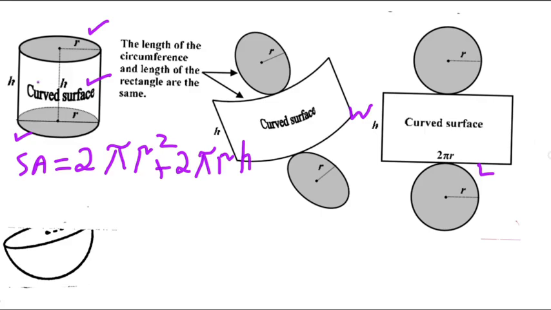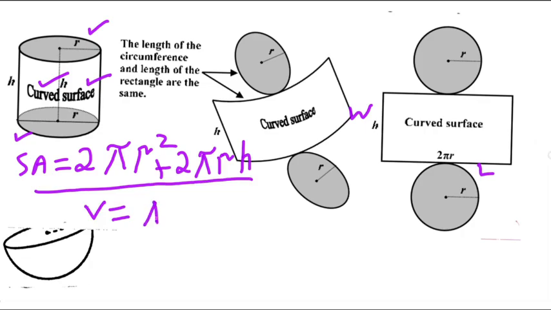The circumference of the circle, 2 pi r, becomes the length of the rectangle. So this is the formula for the surface area of the cylinder.